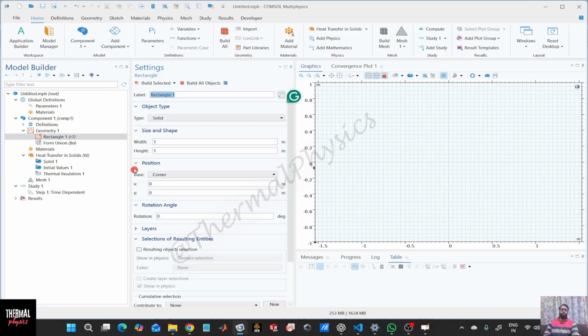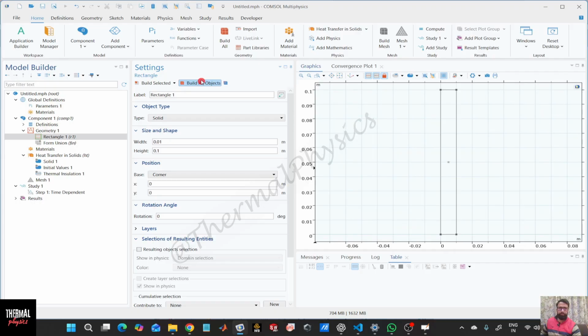Since the wall is basically 3D, but we are interested in only one dimensional heat transfer, we'll take only one side of the wall, which will be the rectangle, and we know that its width is 0.01 and its height can be anything. We're interested in the width, so let's keep height 0.1. This is the front side of the wall.